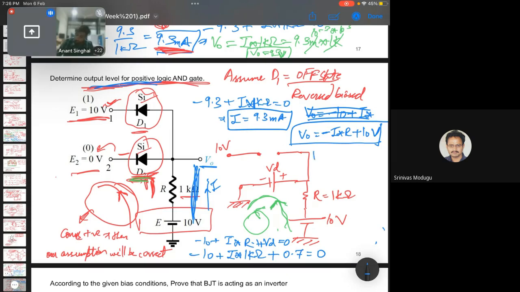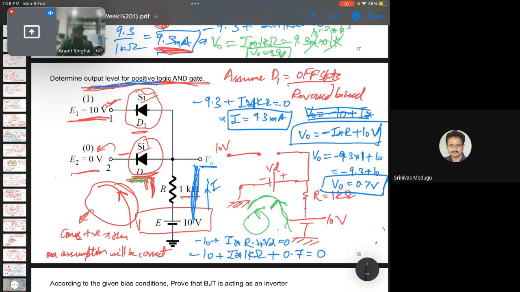So we have all the values. I'll just substitute the values, which is 9.3 milli into 1k. So milli and kilo get cancelled, and it is minus 9.3 plus 10. So the output level for this positive logic AND gate will be 0.7 volt. What we thought would be 0 is actually 0.7, not 0.